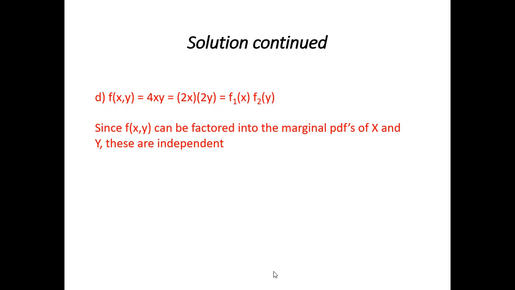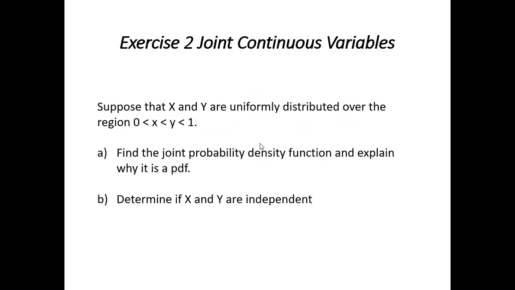And here you see that 4xy does in fact factor into 2x times 2y. So our joint PDF is in fact the product of the two marginal PDFs. Therefore we can conclude that x and y are independent. So this concludes example 1. On to example 2.